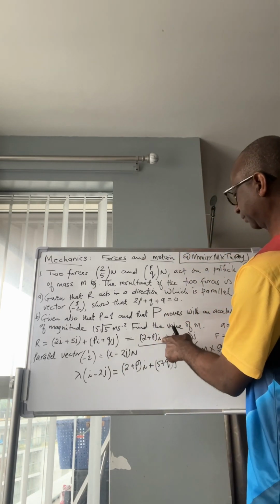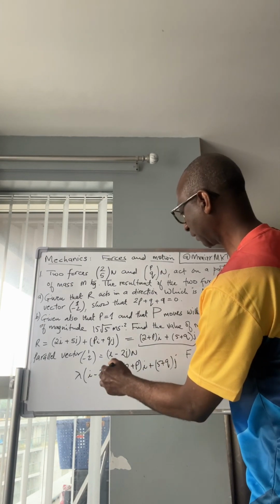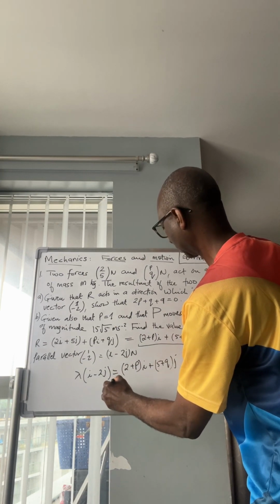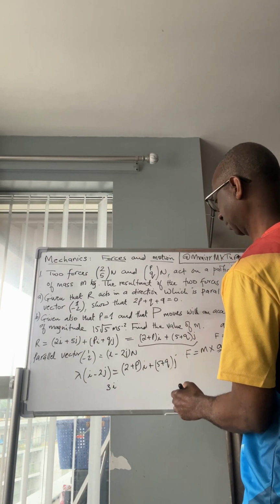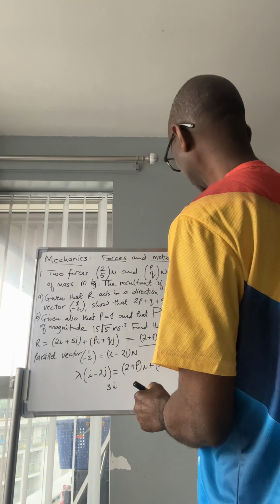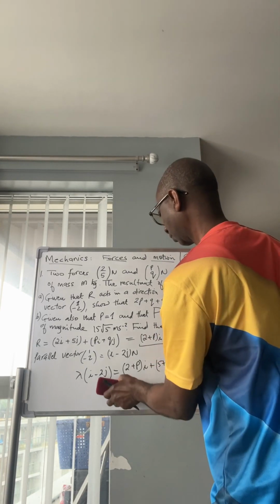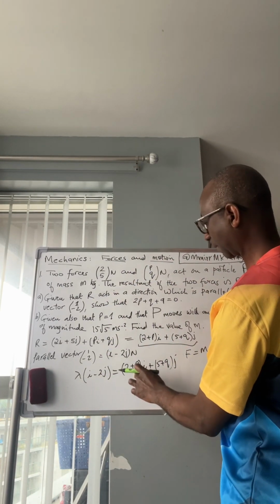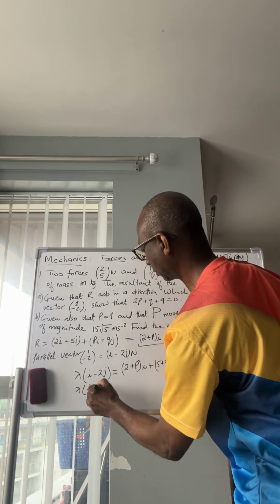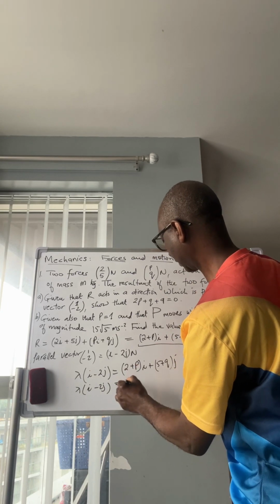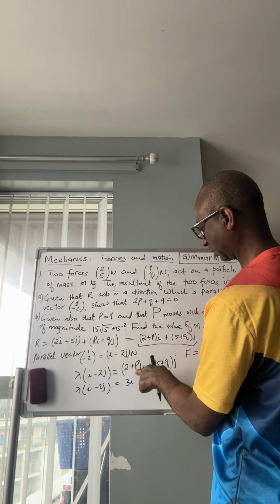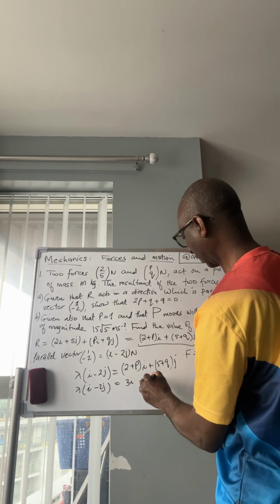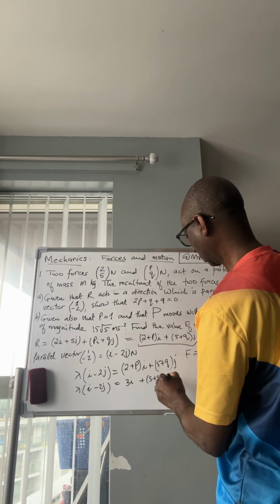So from here, P is 1. So now you have lambda into i minus 2j equals now 3i, because P is 1, so 2 plus 1 is 3i, plus 5 plus q j.